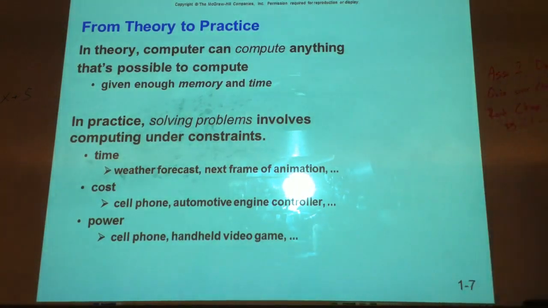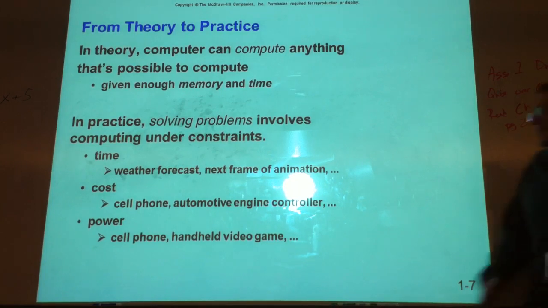A handheld video game. It's like the old Nintendo Game Boy, or what's the new name, DS or something like that. Why would a user care about power on that one? You'd be in the middle of something, some important stage in your game, and it dies. Yeah, the user doesn't want to have those kind of things.